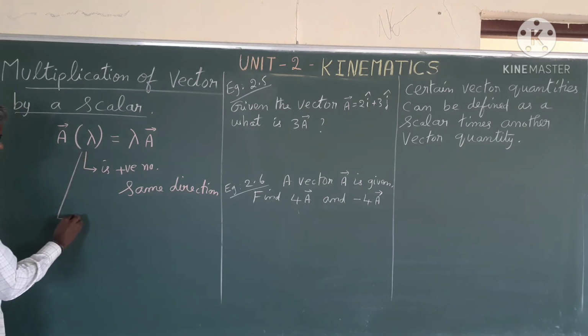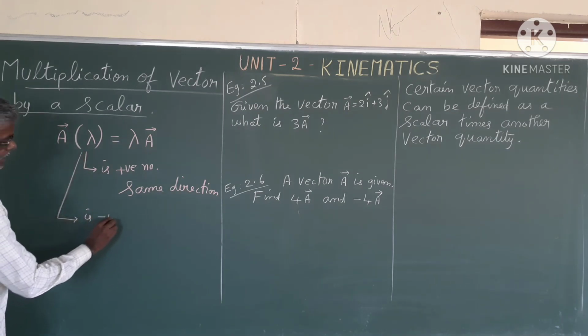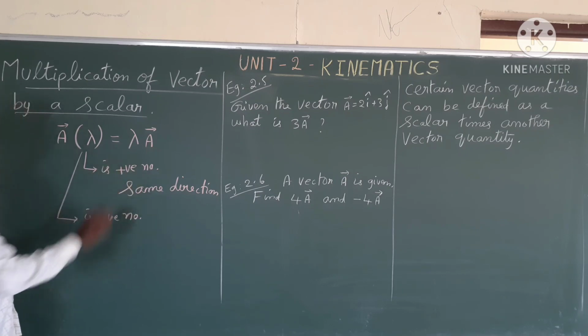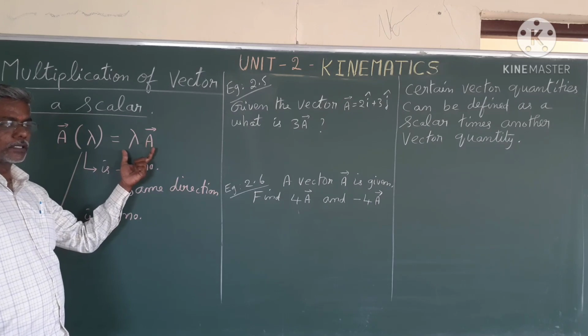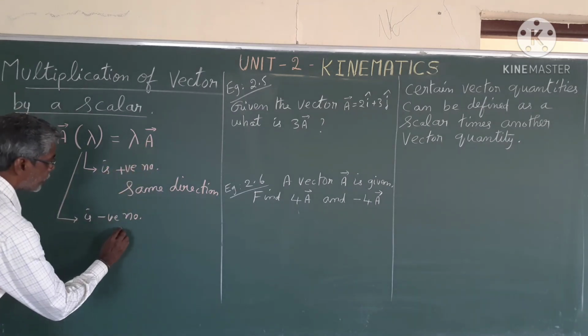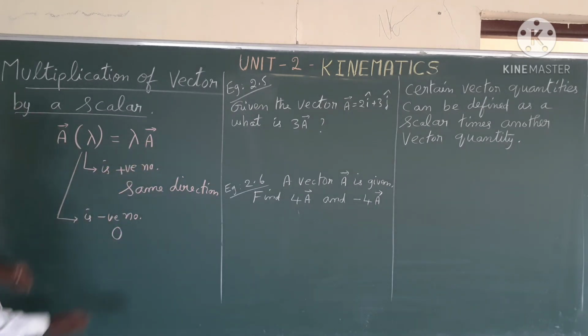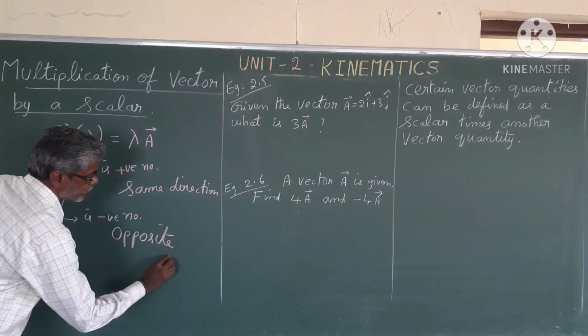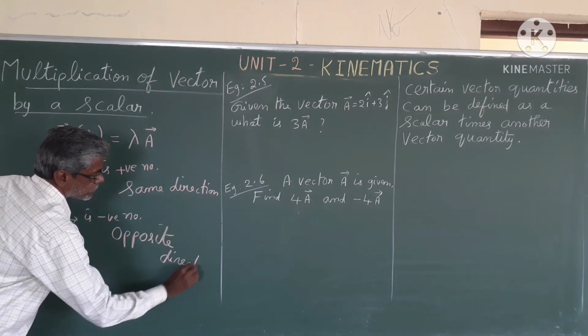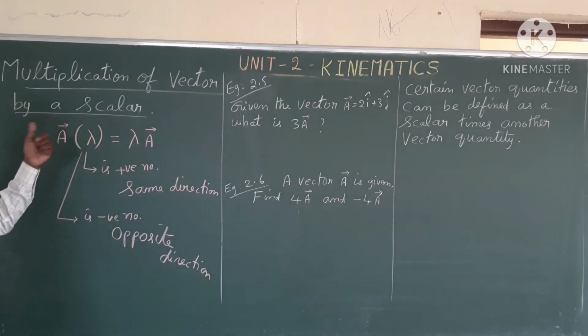Suppose lambda is a negative number, then lambda a vector is in the opposite direction to a vector.